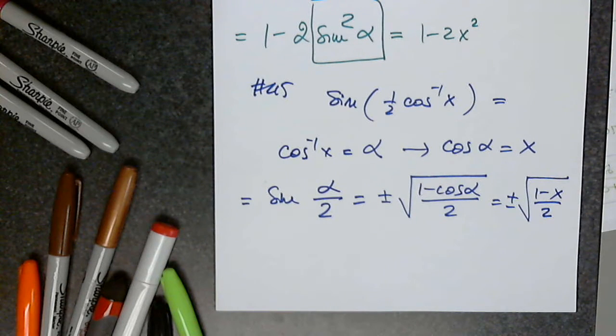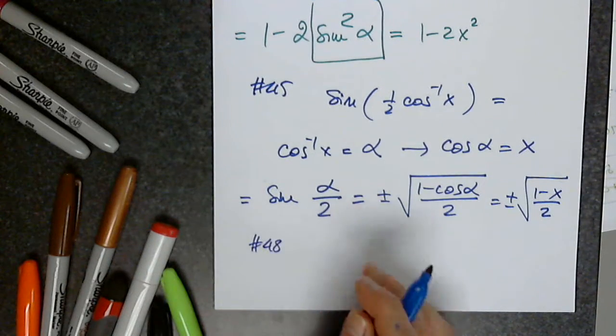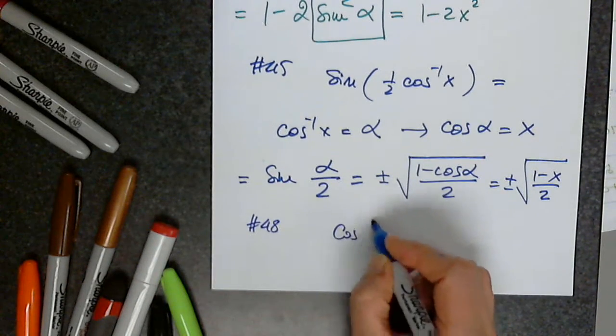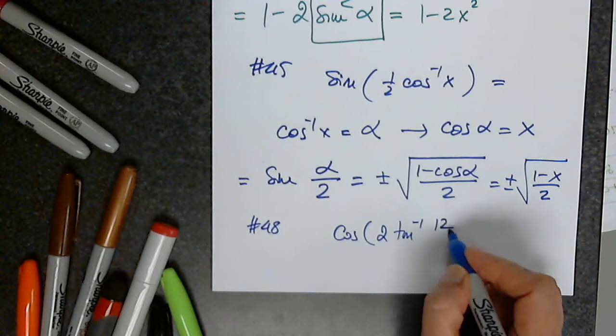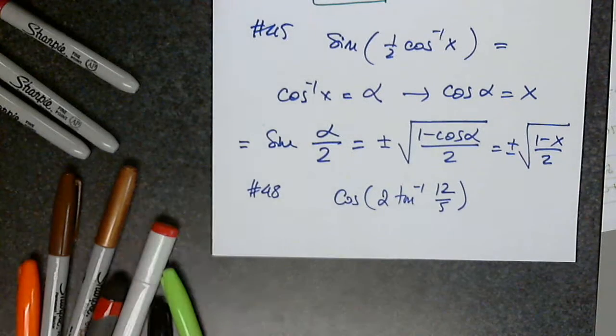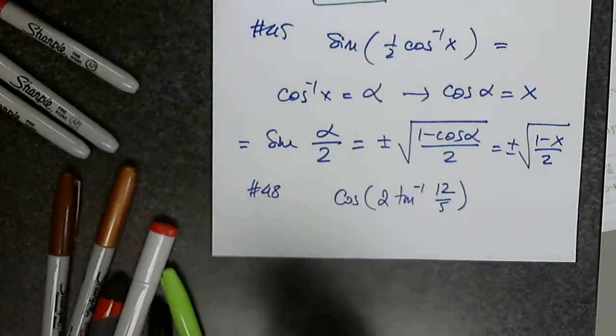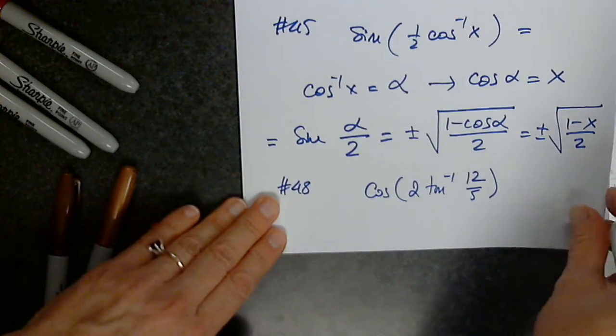Find the exact value of the given expression. 47 through 50. 48 it is. Cosine of 2 tangent inverse 12 over 5. I start from the inside. What does tangent inverse 12 over 5 mean?